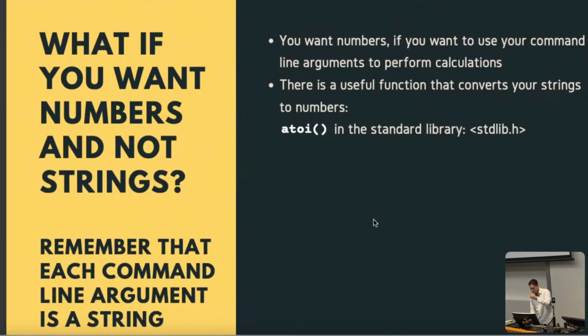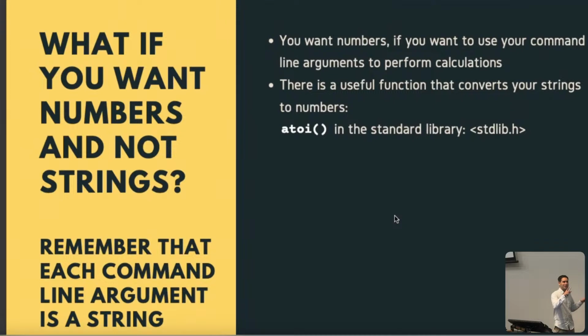So the way we do this is that the C standard library gives us some functions to do these basic, common and useful conversions. If we want to turn strings into integers, we use the function from the standard library called atoi. Can anyone tell me what that stands for?